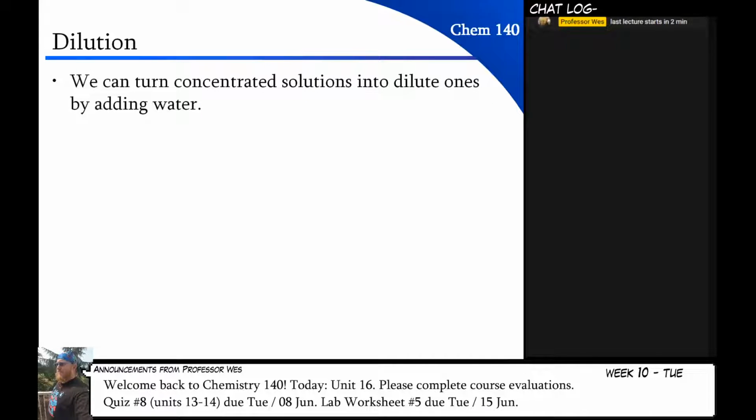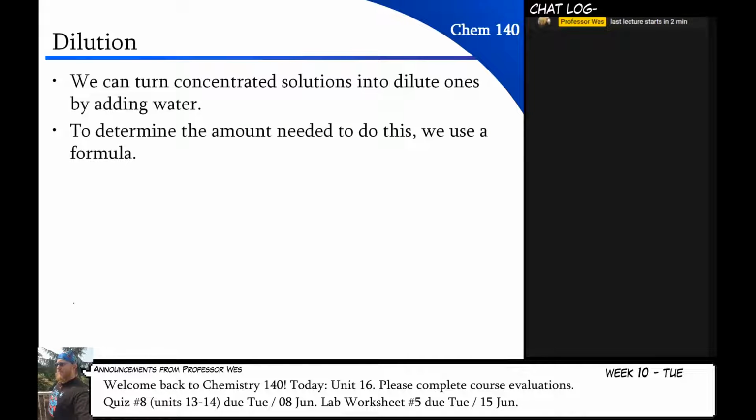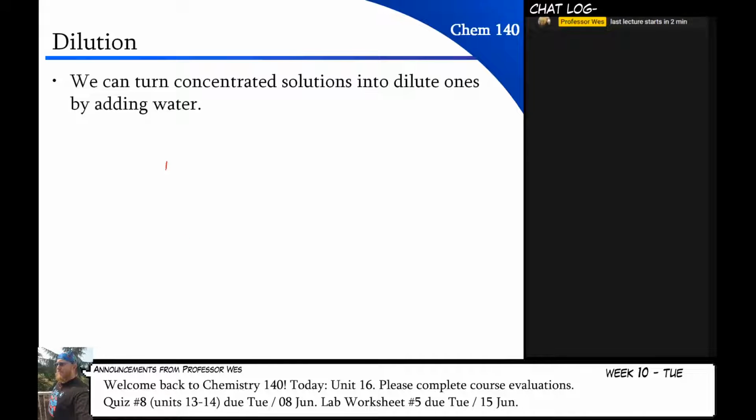All right, here's what we're going to do. We're going to dilute solutions. We're going to take a concentrated solution. We're going to add water to it, because if you have a concentrated solution, and I'll just kind of draw that with a little beaker here. So here's my solution. It's real concentrated, which is why the lines are really thick. But if I add water to that, so we'll just toss in some water, and we'll put about this much.